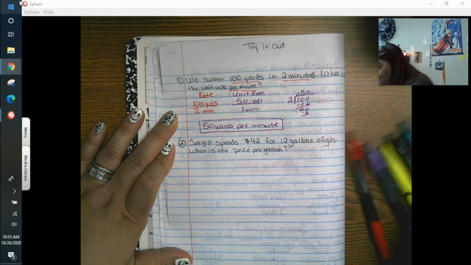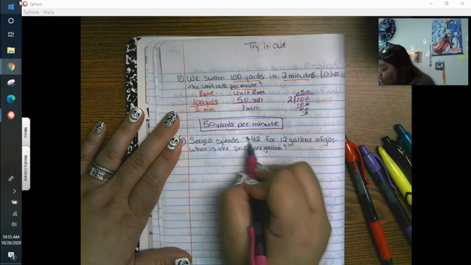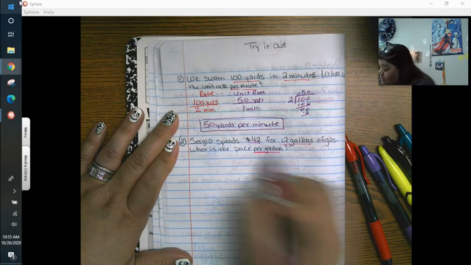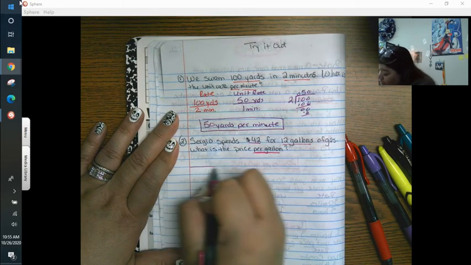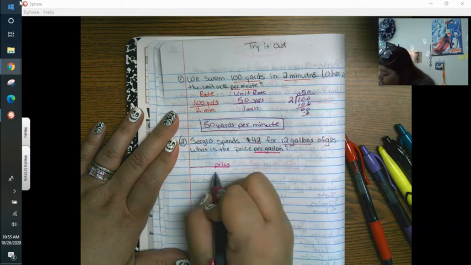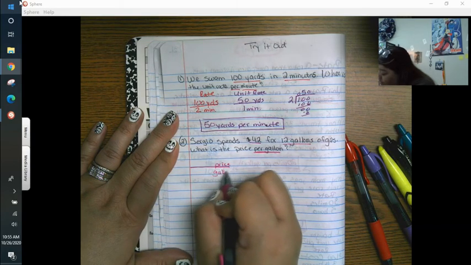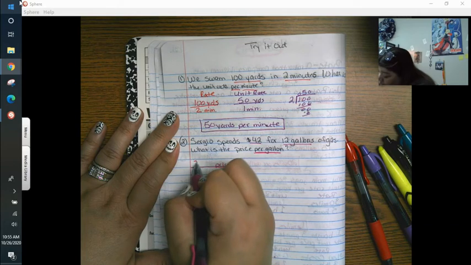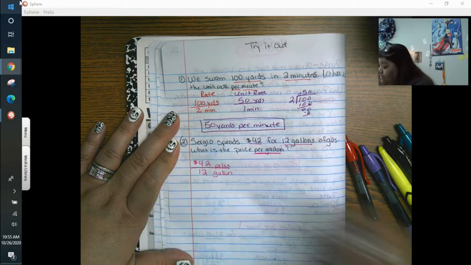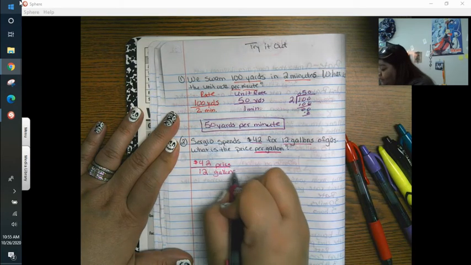Good. Okay. Sergio spends $42 for 12 gallons of gas. What is the price per gallon? So I know it's going to be price per gallon. So let's see. He spent $42 on 12 gallons. Okay.